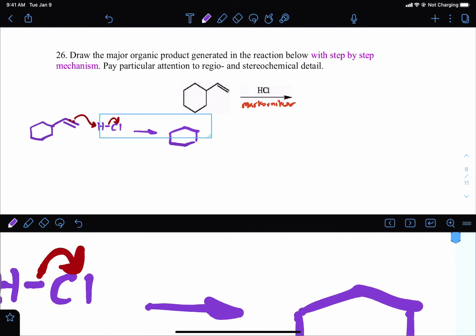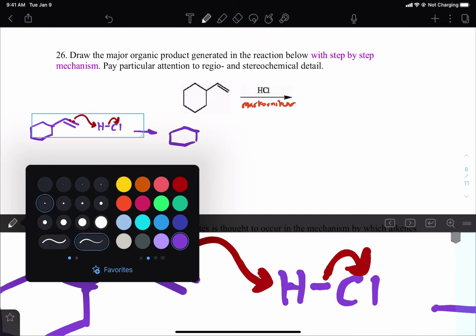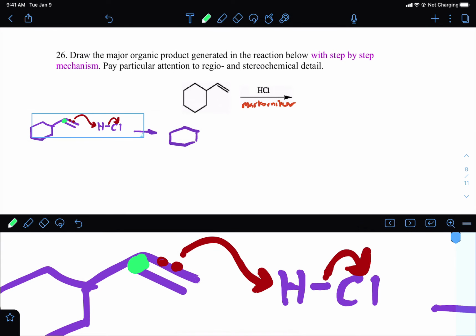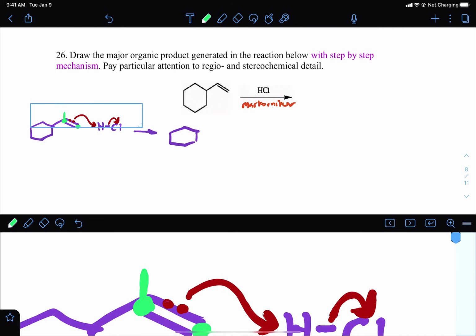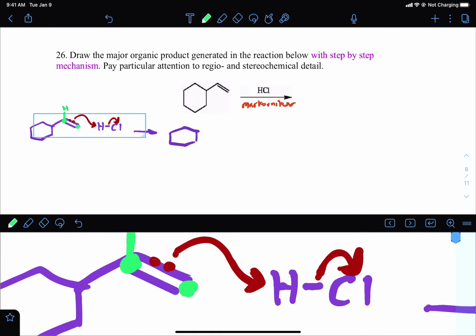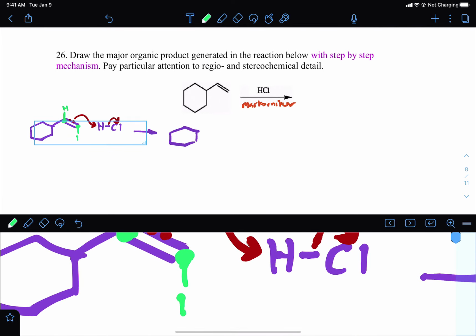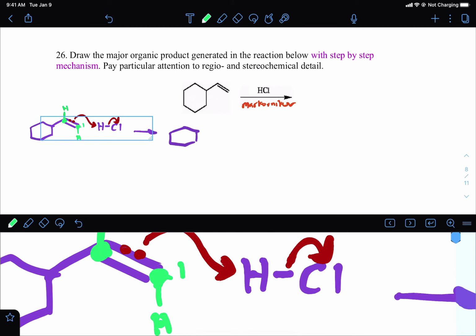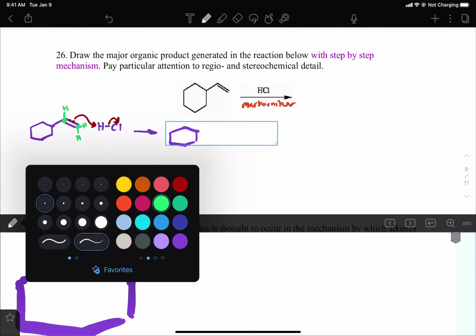Okay, so if we analyze the carbon on that side of the double bond and the carbon on that side of the double bond, the carbon on the left has one H, the carbon on the right has two H's. So Markovnikov's rule says we're going to put the H on the carbon with the most H's.